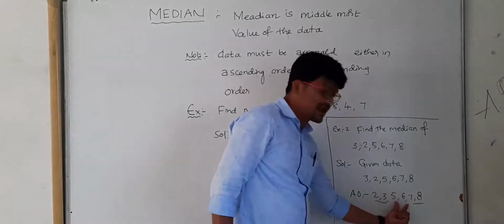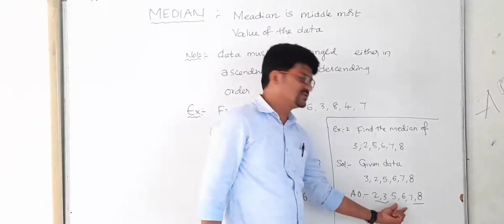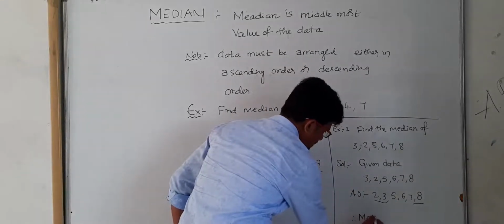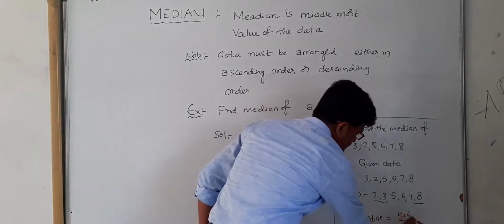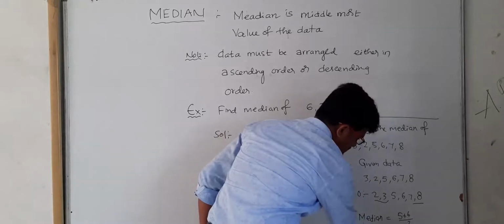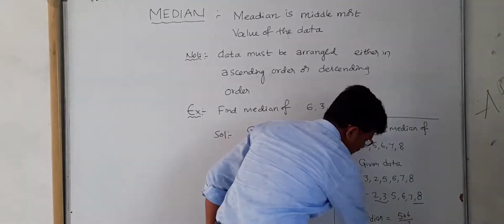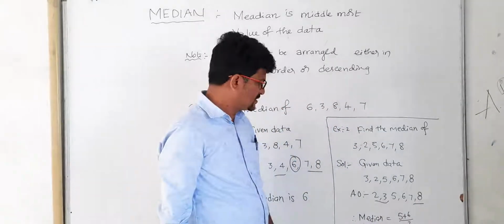Here two values are in the middle. Middlemost are two values. Therefore, median is equal to 5 plus 6 by 2, that implies 11 by 2, that implies 5.5. Is it clear?